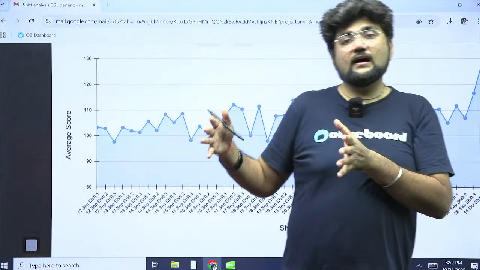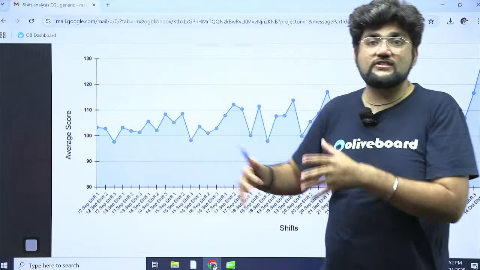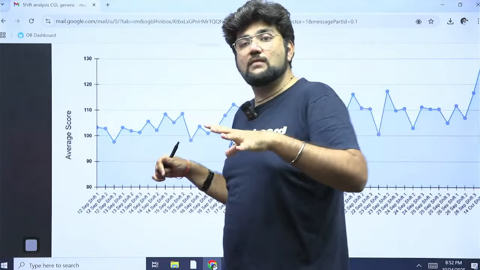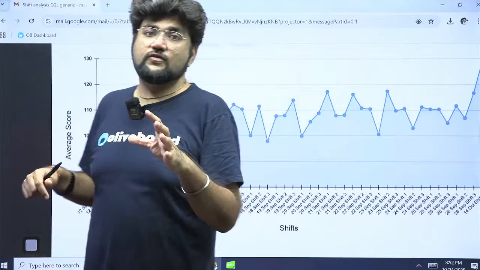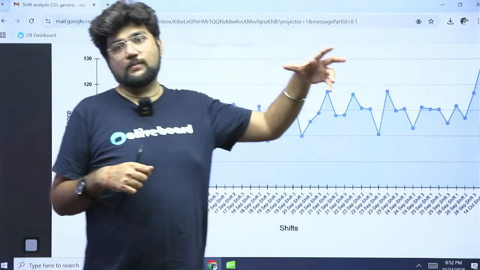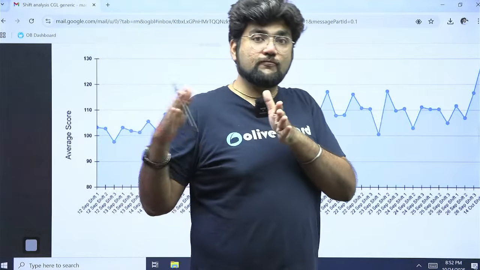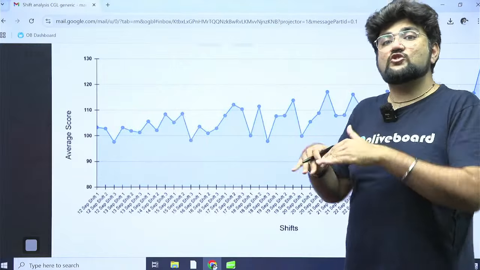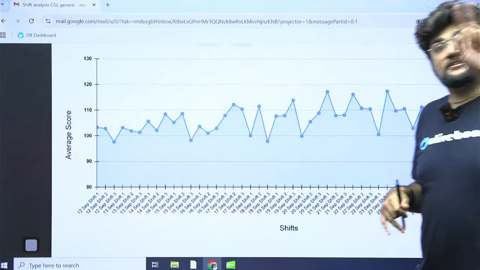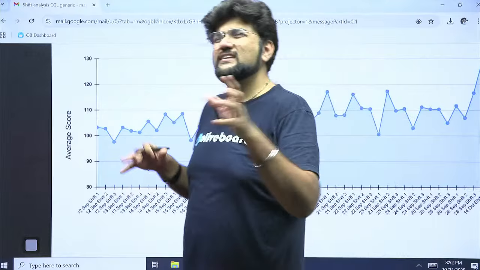And vice versa, there may be a particular shift with majorly newcomers, who are giving the competitive exam for the first time, who don't have the level of expertise or preparation right now, which tends to decrease the average score despite it being an easy shift. So yes, that is there.